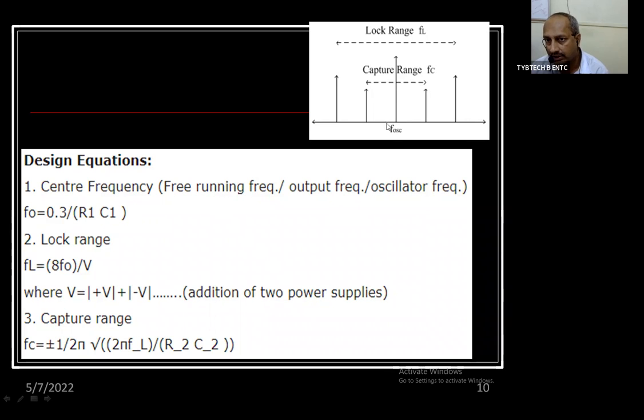So F oscillator is also equal to the center frequency. So FO is equal to FOSC, that is oscillator frequency. Don't forget this terminology. Otherwise, here FO is written, here FOSC is written, so they may seem to have different meanings, but they are not. FO is equal to F oscillator.